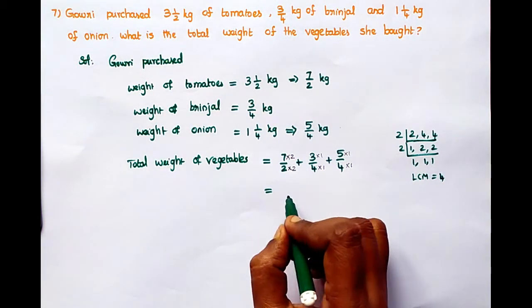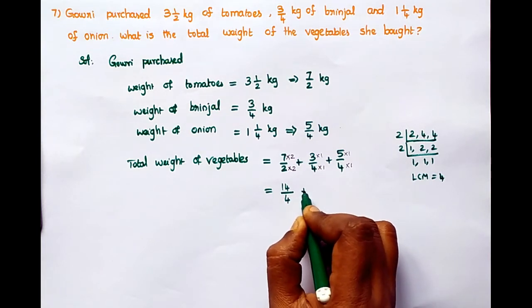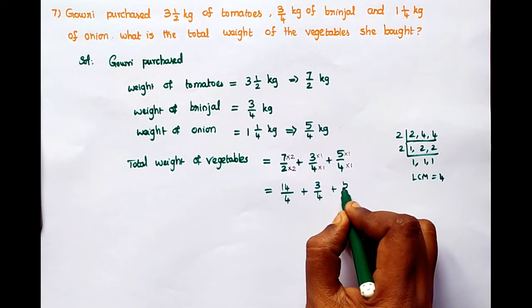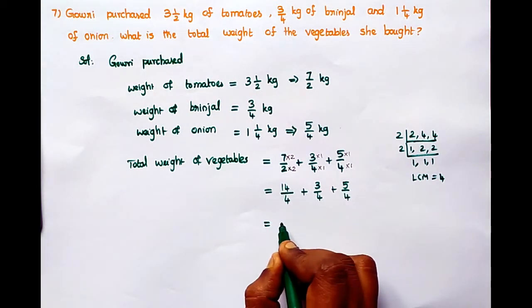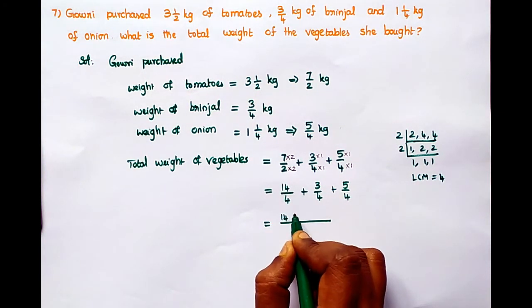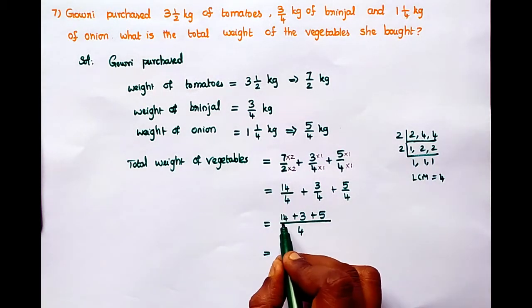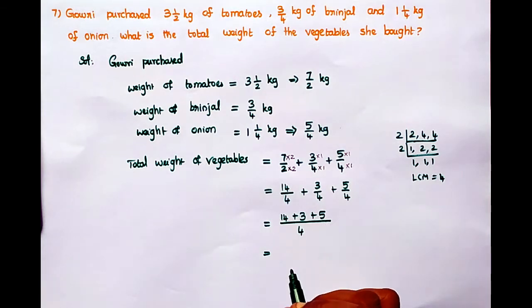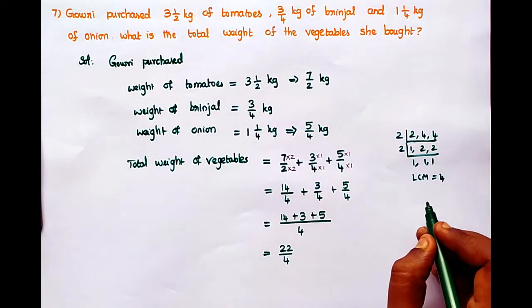So 7 2s are 14 by 4 plus 3 by 4 plus 5 by 4. Now the denominators are same, put in common and add the numerators. 14 plus 3 plus 5. 14 plus 3 is 17, 17 plus 5 is 22, 22 by 4.